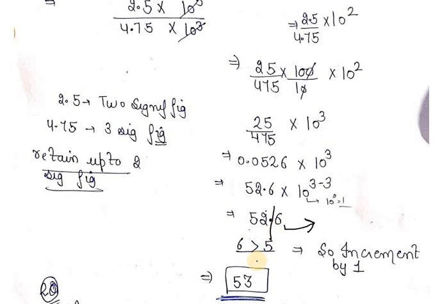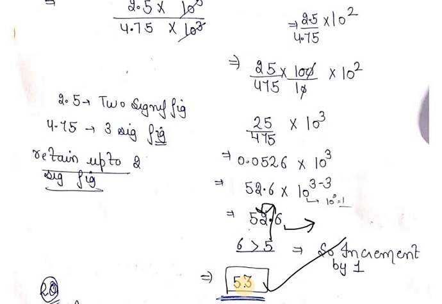So 6 is greater than 5. That means your previous number will increment by 1. So your answer is 5 and 2 plus 1, here 3. So the answer is 53, right? And 1, 2. So there are two significant figures in your answer, and up to the minimum number of significant figures you have to give your answer, right?